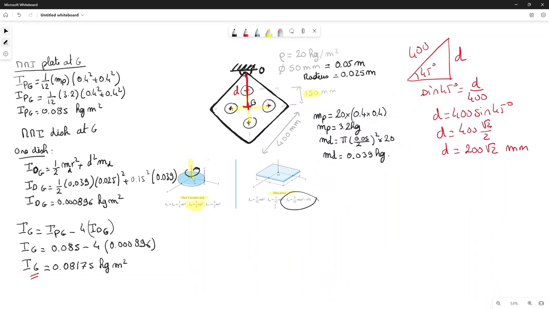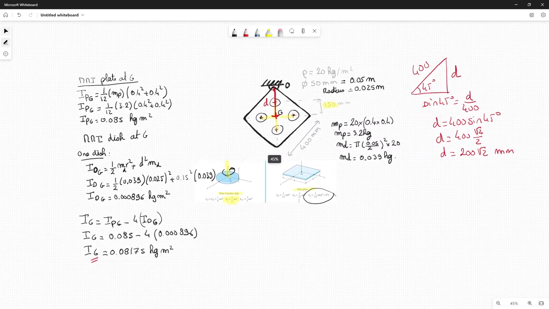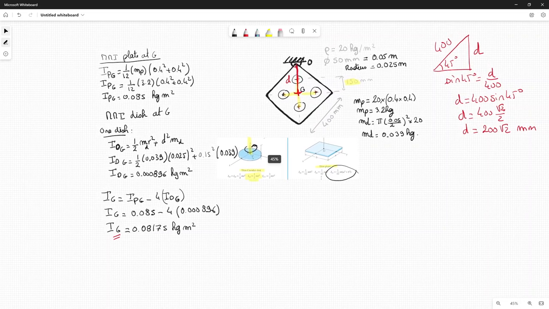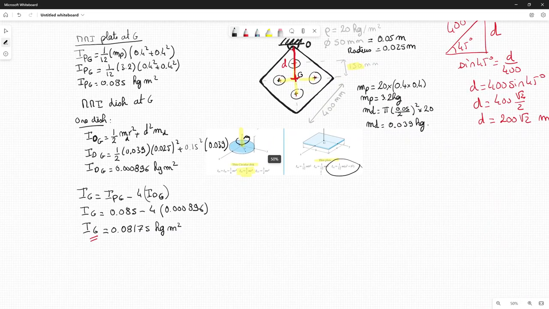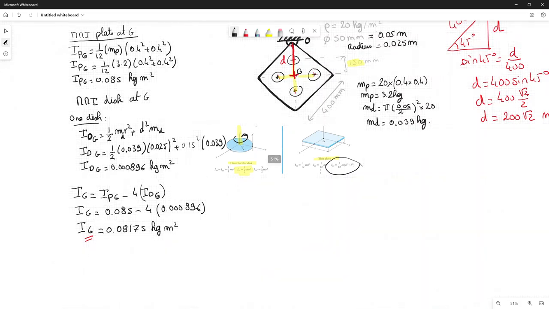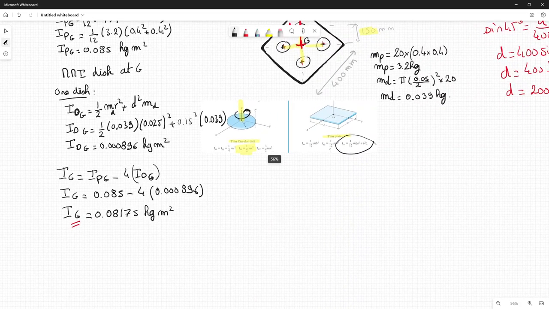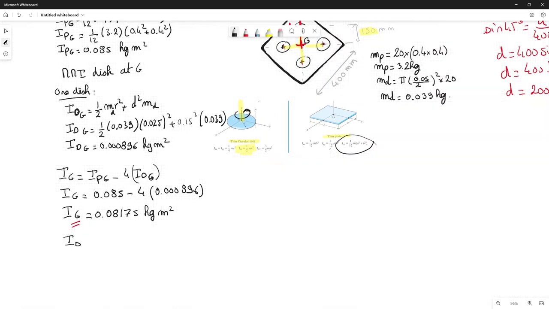Okay, so we can use that. Just checking my numbers. So let's now move to IO. We have IO equals IG plus D squared times the mass of the entire system.